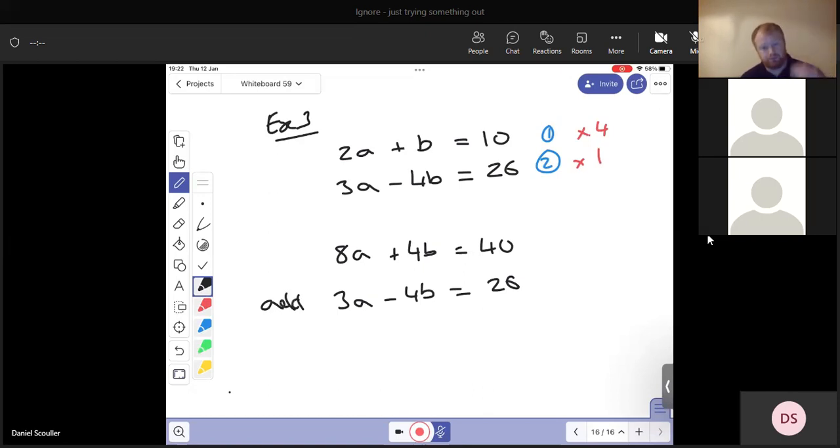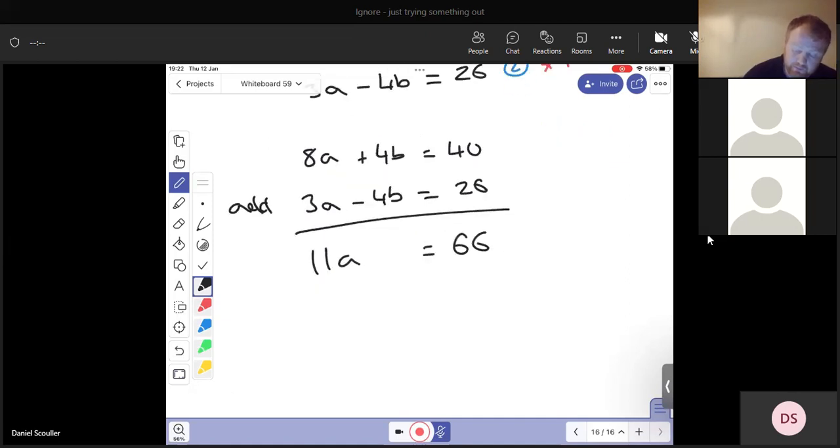If you've got plus 4b, you need to add that negative 4b on. Adding a negative will take it away. Just be careful with that. Adding them together gives us 11a equals 66. a would equal 66 over 11. a would just be 6.